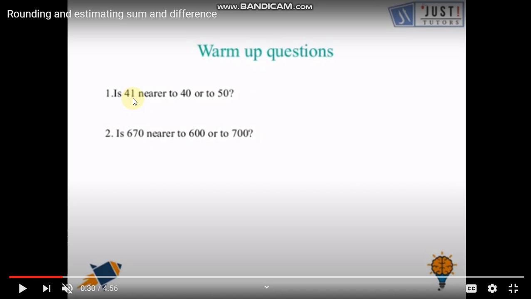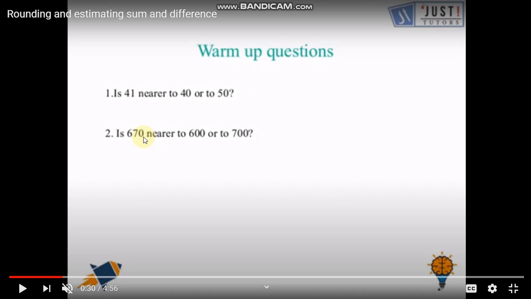When we round to the nearest 10, we take the unit digit. If the digit is less than 5, we write the nearest backward ten. If the unit digit is 5 or greater, we write the forward ten. So I hope you understand this, students.